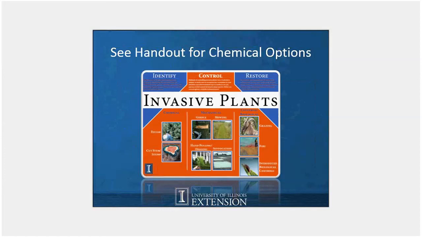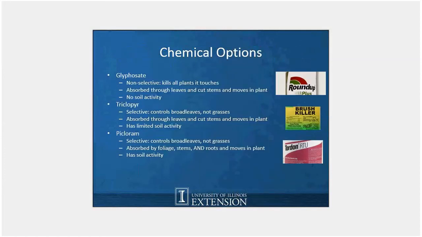So I would encourage you to pull that out and look at it if you have that available, or look at it later. We're going to cover really 3 main products tonight, or active ingredients, herbicides: glyphosate, triclopyr, and then picloram. And there also are some combination products that are shown on your handout.